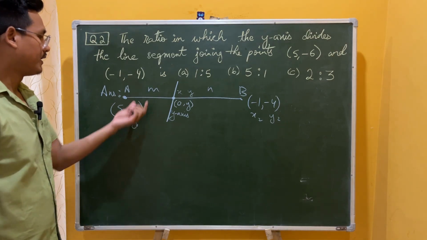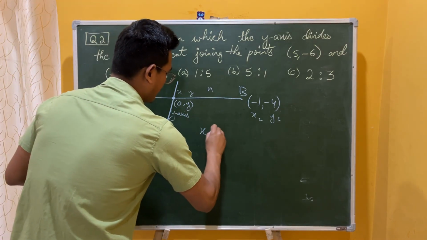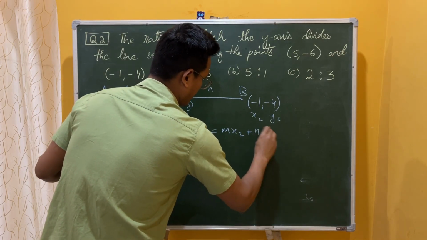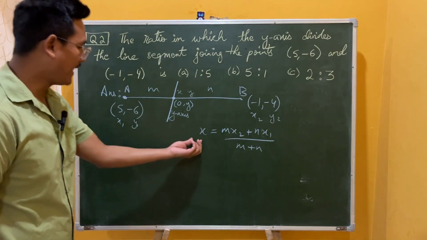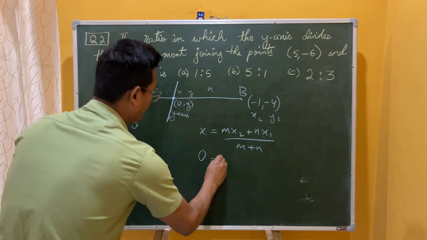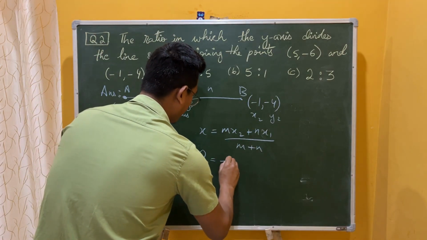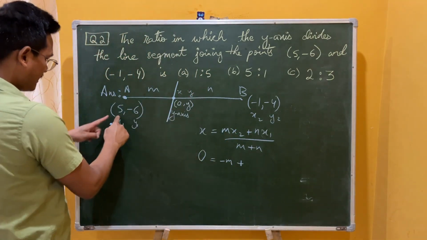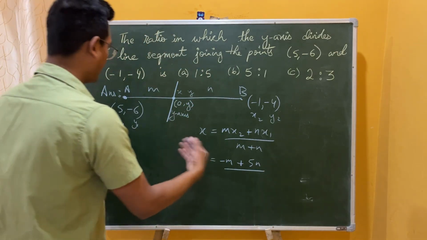We'll have to find the ratio m:n, so we will use this formula, because we know x, x2 and x1. x is 0. m we don't know, m x2, so m into -1, so it is minus m. n x1, n into 5, divided by m plus n.